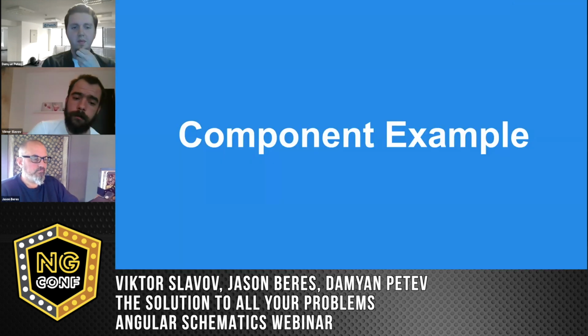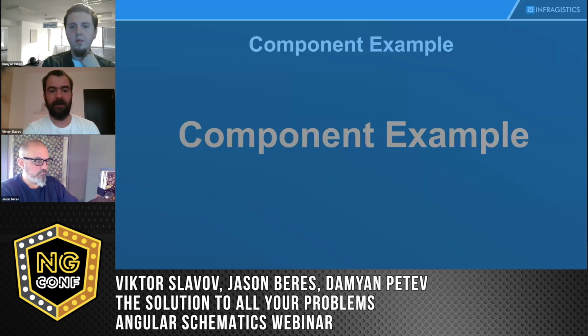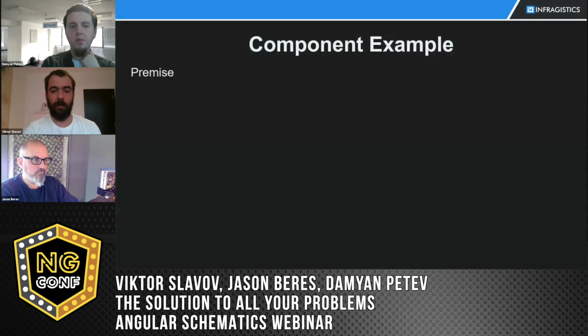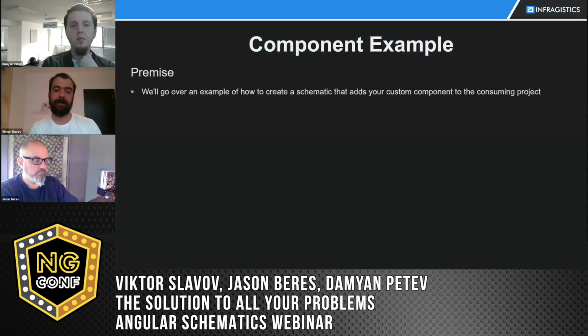Next, we'll go over a quick example of how to create your own component, a similar component schematic to the one we showed, which would also expand upon the Schematics API we're currently going over. So what we'd like to do is create a component example that adds a custom component to an existing Angular project.